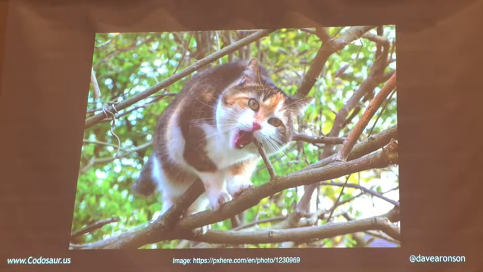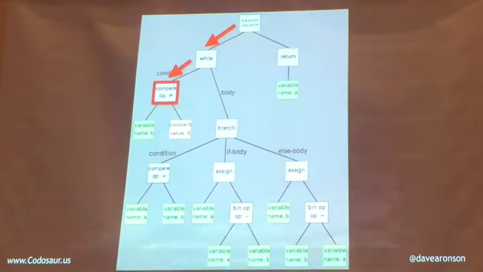For instance, suppose that AST that I showed before was traversed down to this not equal comparison. For each way it could change that one node, it would make a new copy of this entire subtree with that one node mutated in each of the ways it could change that.